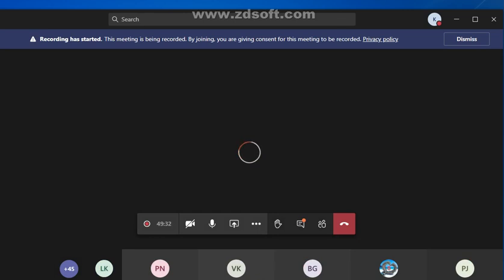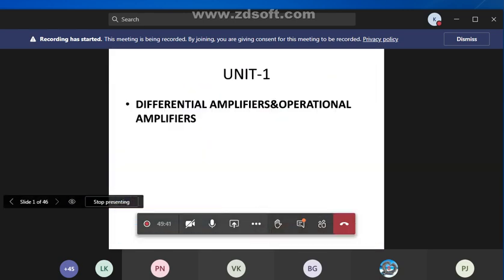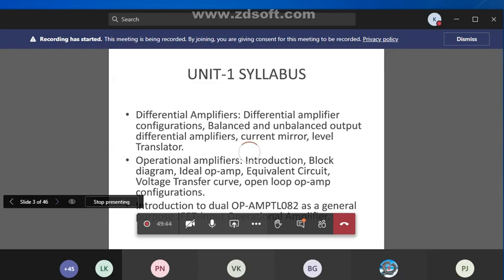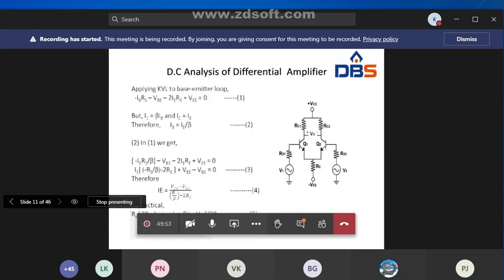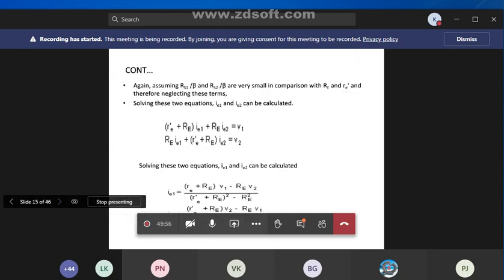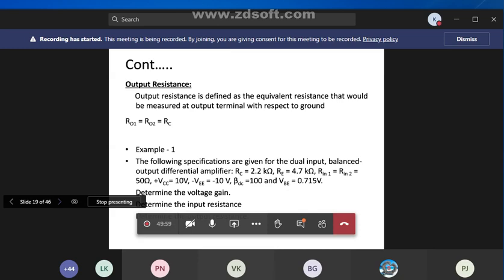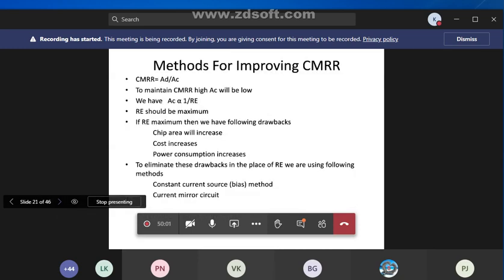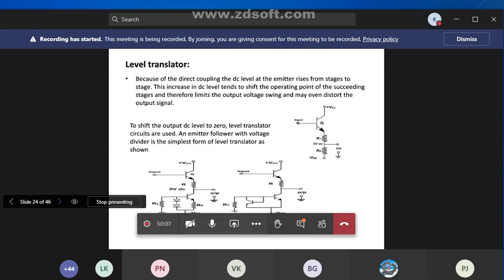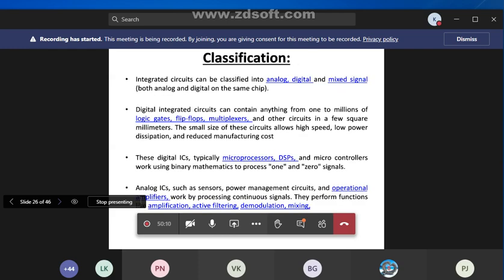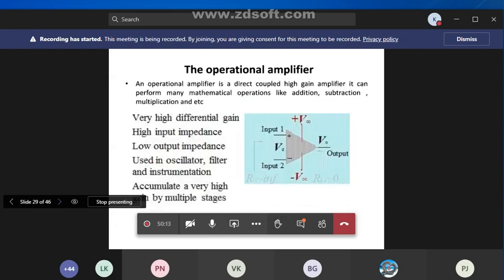If you see the ideal and practical specifications of the op amp: the ideal open loop voltage gain is infinity, and the practical value is 2 into 10 power 5.